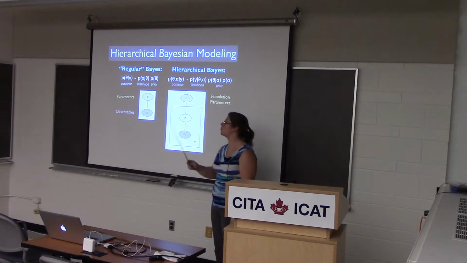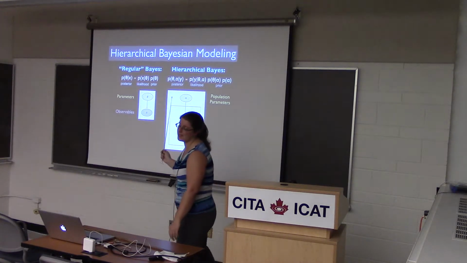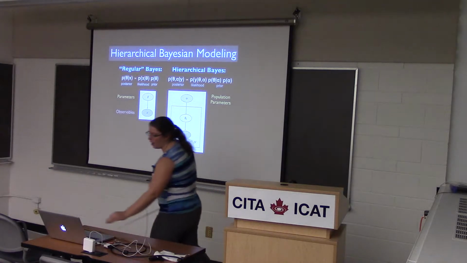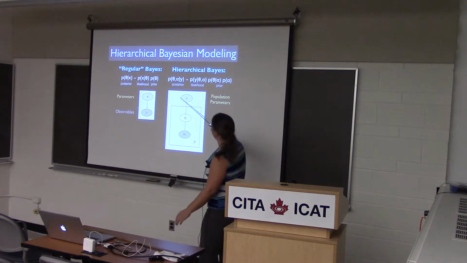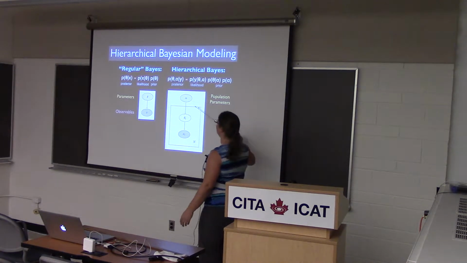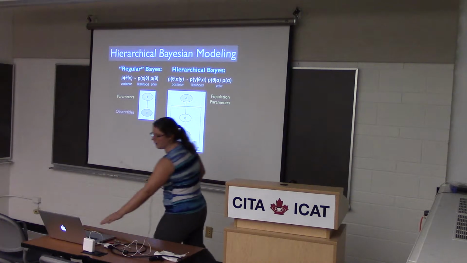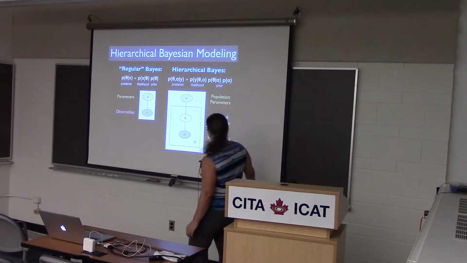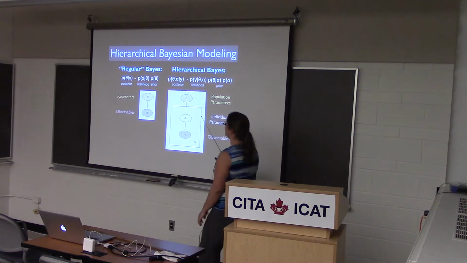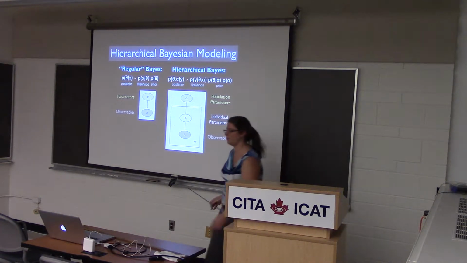That power law index would be this population parameter. So you would use hierarchical Bayes for that situation too. These parameters apply to the entire population, and they relate individually to every single planet, the individual parameters and the observables. So this rectangle represents this structure for every single planet.